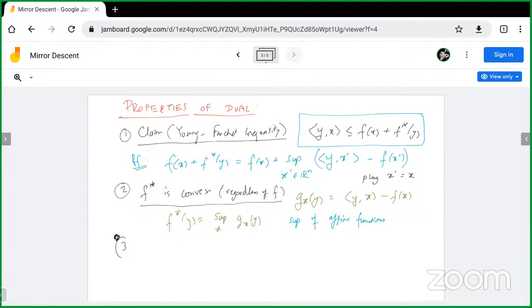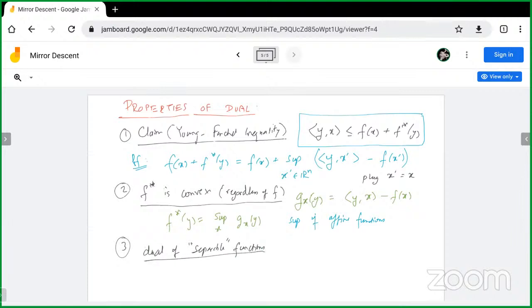Okay. And finally, there's a cute but useful property about the conjugate, the dual, of separable functions.